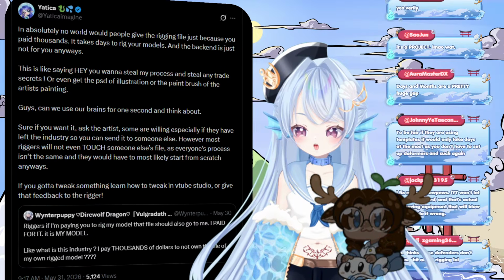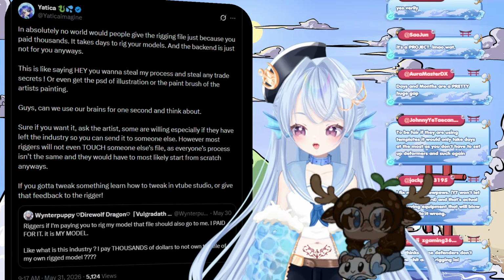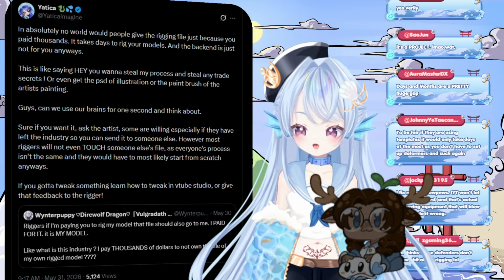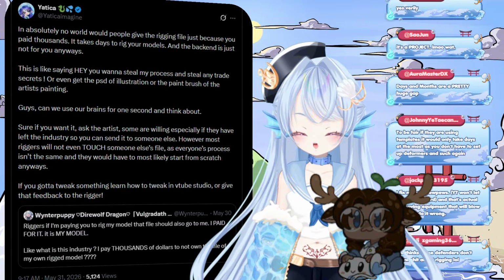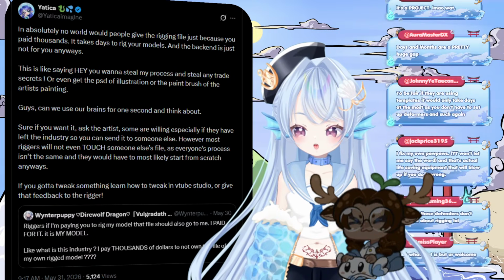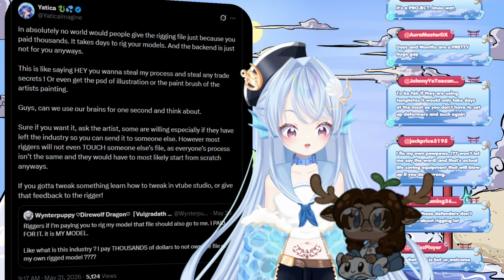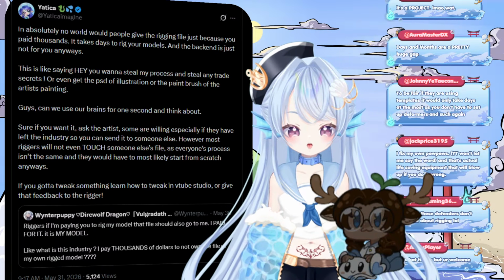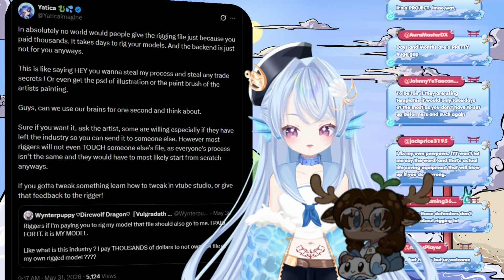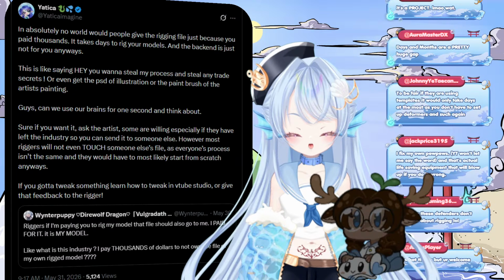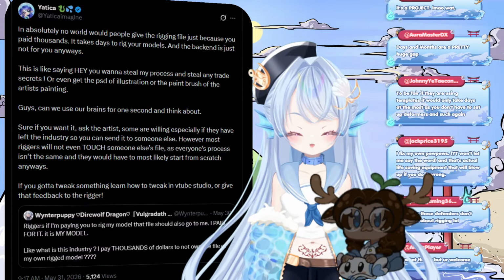This is like saying, hey, you want to steal my process and steal any trade secrets? Or even get the PSD of an illustration or the paintbrush the artist painted with? Guys, can we use our brains for a second and think about this? I don't know why people keep saying this, but a PSD file is not going to just make you good at art.